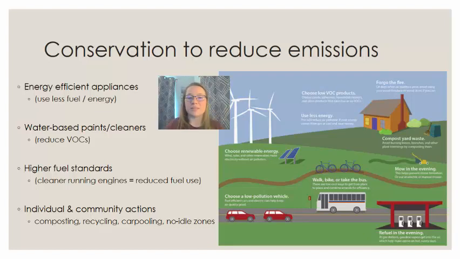So if we can use less electricity, that means there is less fuel being burned that is releasing that air pollution. We can also choose to use water-based paints and water-based cleaners. Those are going to emit less VOCs. Remember, VOCs are part of that equation that makes photochemical smog.